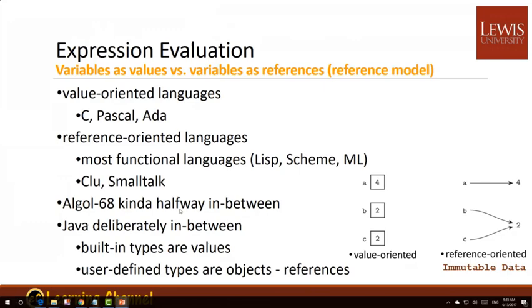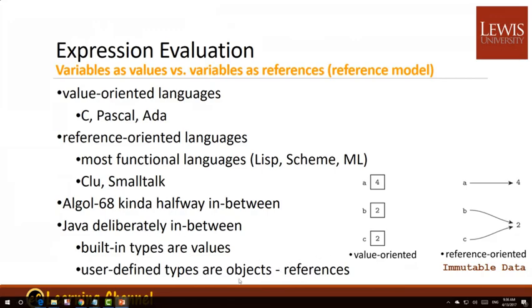Algol 68 is kind of halfway in between. Java is deliberately in between. It has built-in types as values and user-defined types as object references, because Java has primitive data types that use value, and user-defined objects actually use the reference.